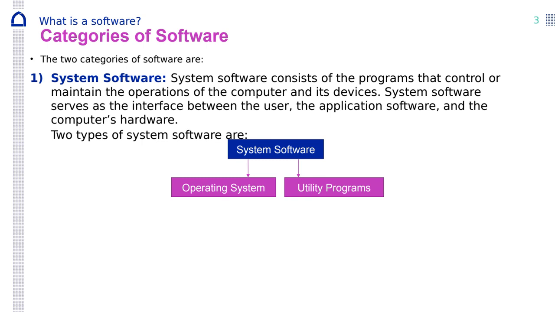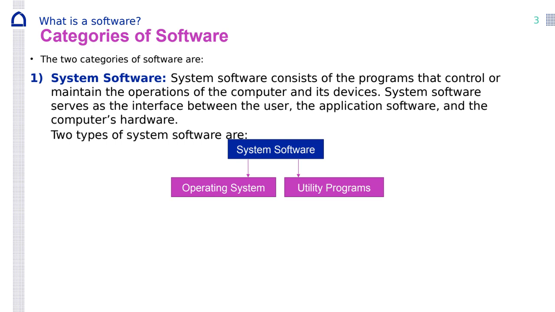System software consists of the programs that control or maintain the operation of your computer. So they are necessary for the operation of your computer. Your computer will work if you don't have Microsoft Word, but if you don't have the Windows operating system, it will not work. It will not boot up, right? So that's the system software.